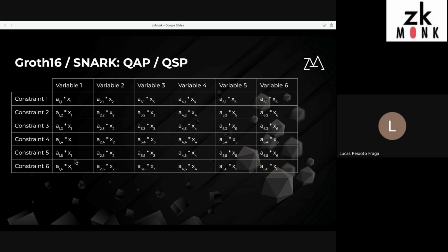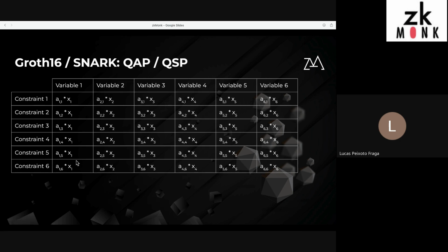Okay, and this is useful for us because we can make a better encoding of the coefficients of the linear combination. So we can, for instance, encode all these coefficients here as evaluations of one polynomial. So we are encoding this column as a polynomial.